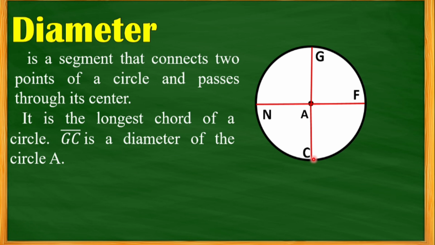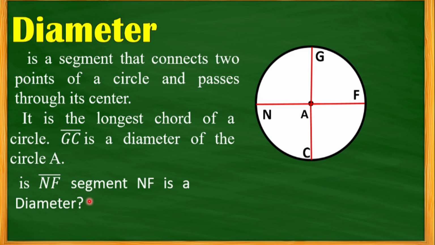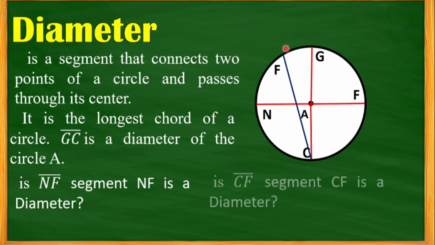So let's have another line. This one is segment NF. N going to F, is it a diameter? Yes, because it is a line segment that connects 2 points. This one is a point, this one is a point, passing through the center. How about this line?